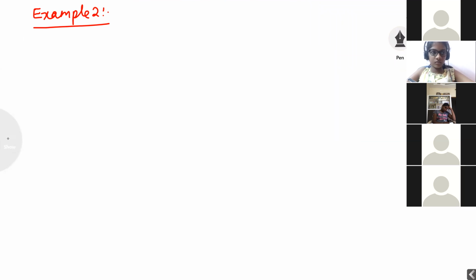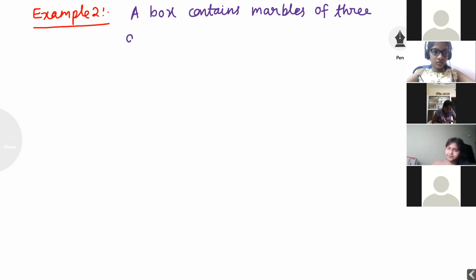A box contains marbles of three different colors.